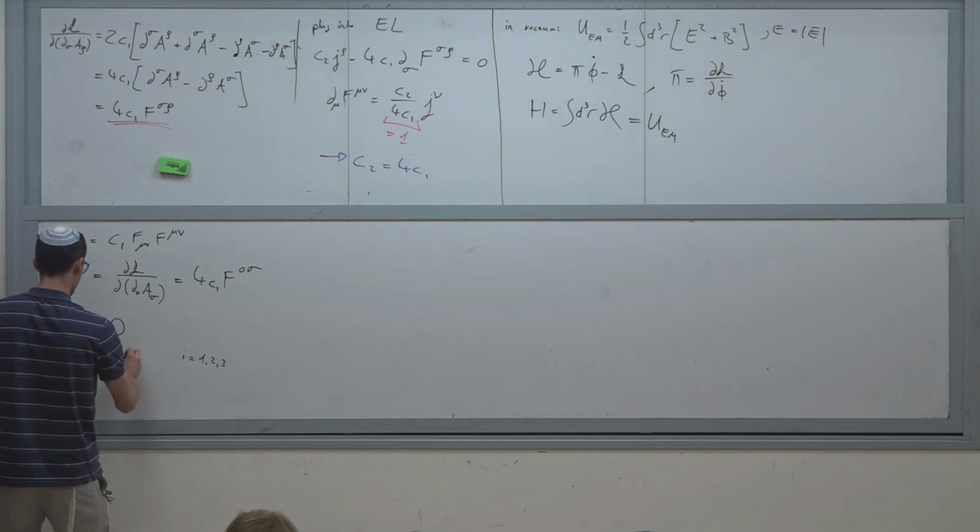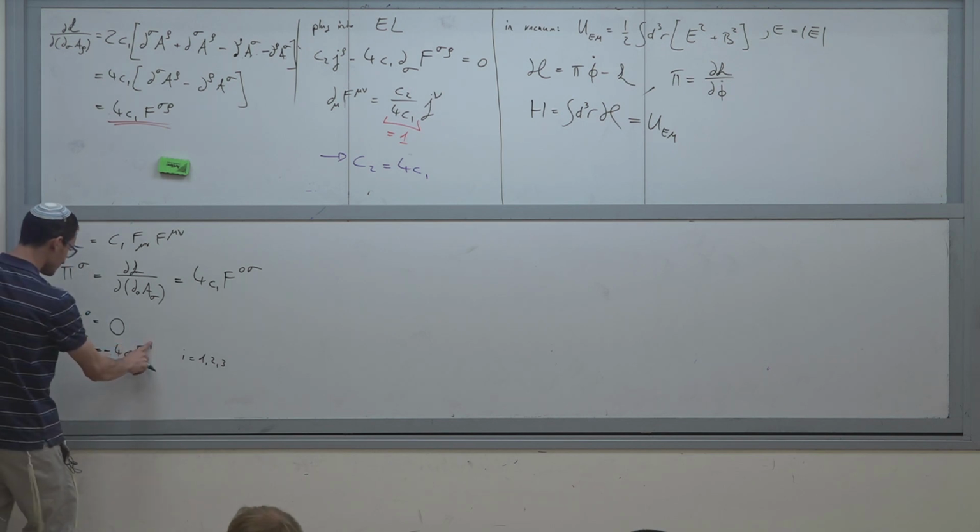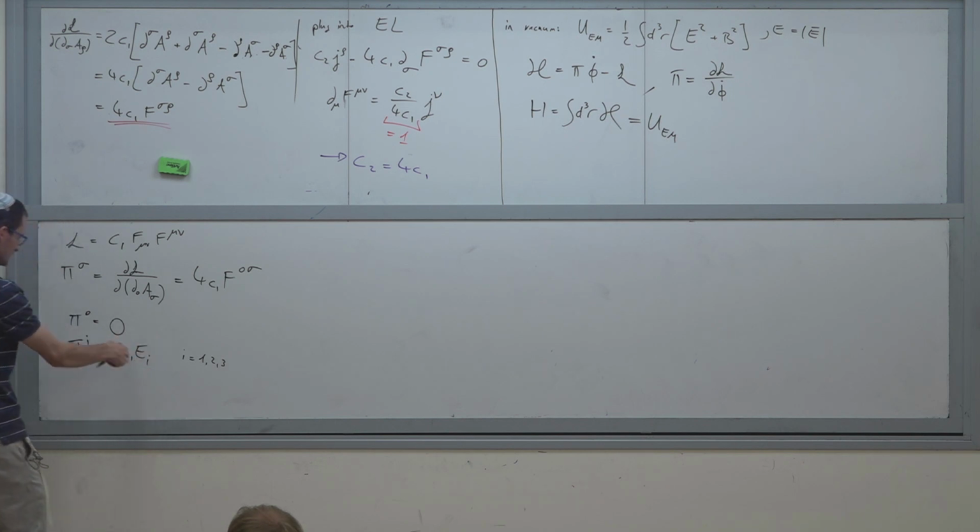So that's minus 4C1 EI. I guess you could write I with a lower index. There's no real meaning to the electric field in the upper index. It's meaningless. It's a three-dimensional vector.